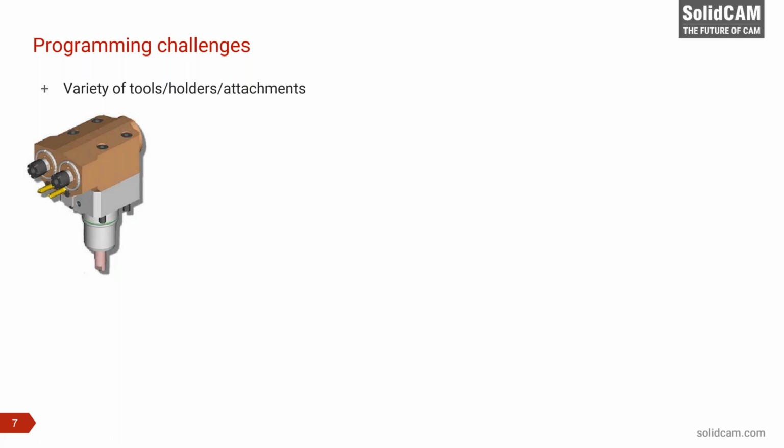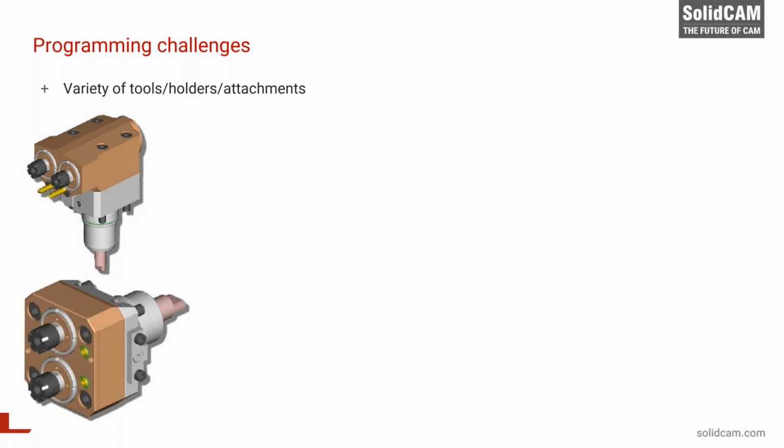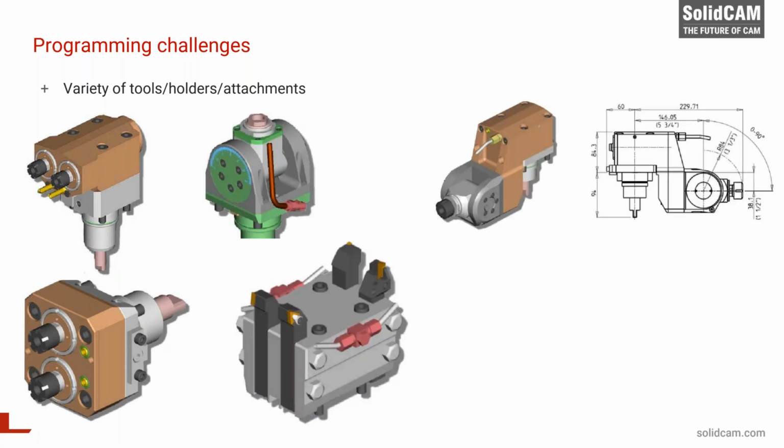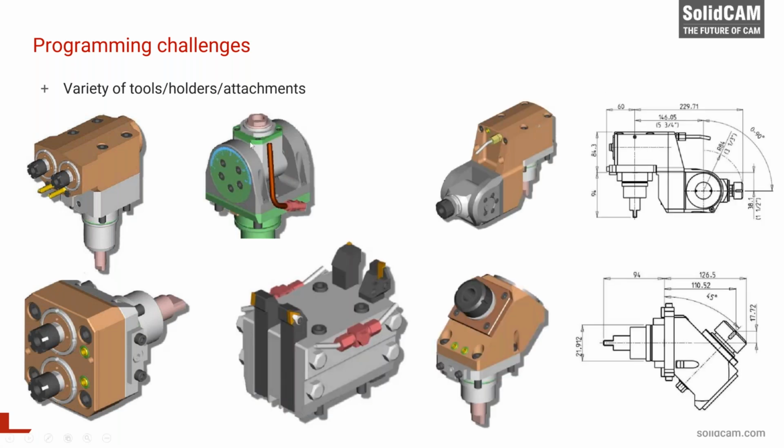And here you can see the holders for driving tools that could be aligned at different angles. I mean, these three tool holders we have even from a catalog. These are pictures from a catalog. So you can manually set one part of the holder to the angle which you would like to have. And for the programmer and for the CAM system, that means that you need to describe the same holder.